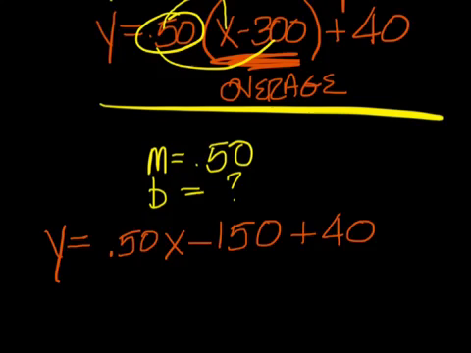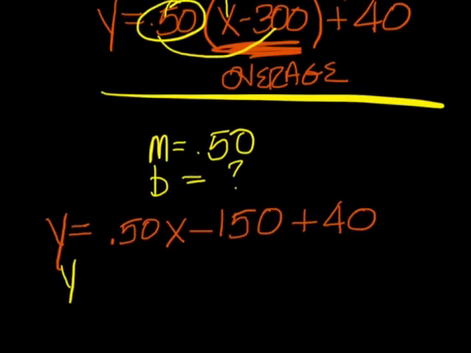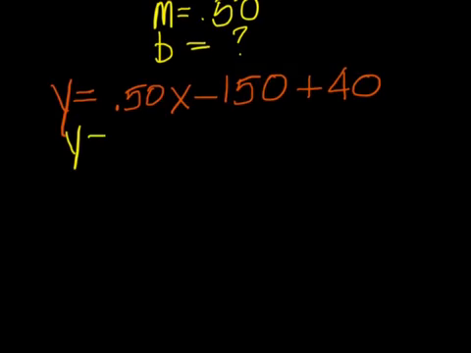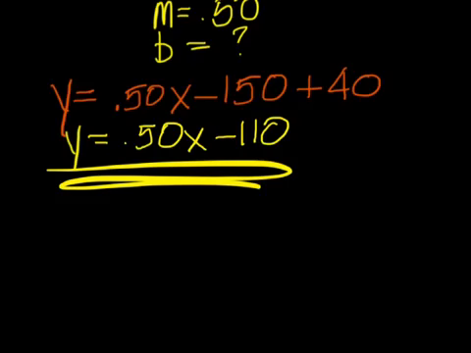Take negative 150 and add 40 to it. That's right, negative 150 plus 40. What is that? Negative 110, yeah. So here's your equation: y equals 0.5x minus 110.